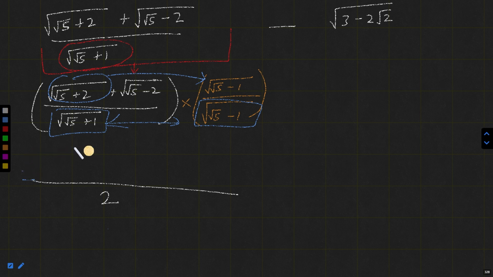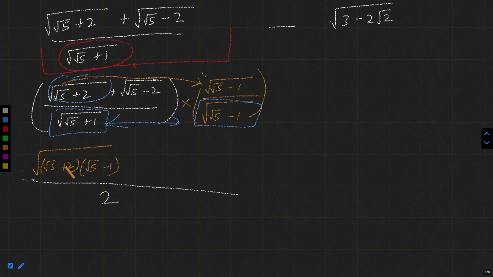So this gets multiplied to this, root 5 plus 2 getting multiplied with root of 5 minus 1.